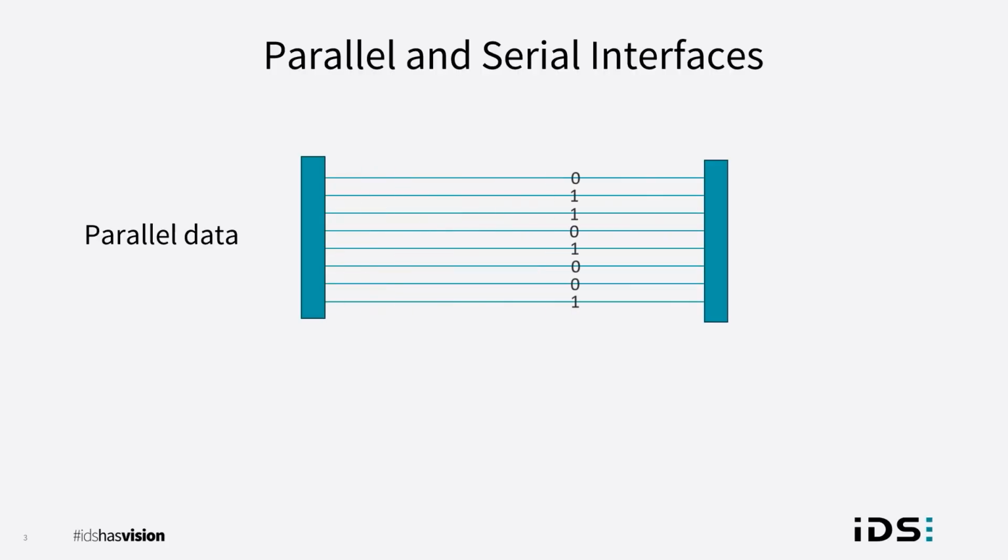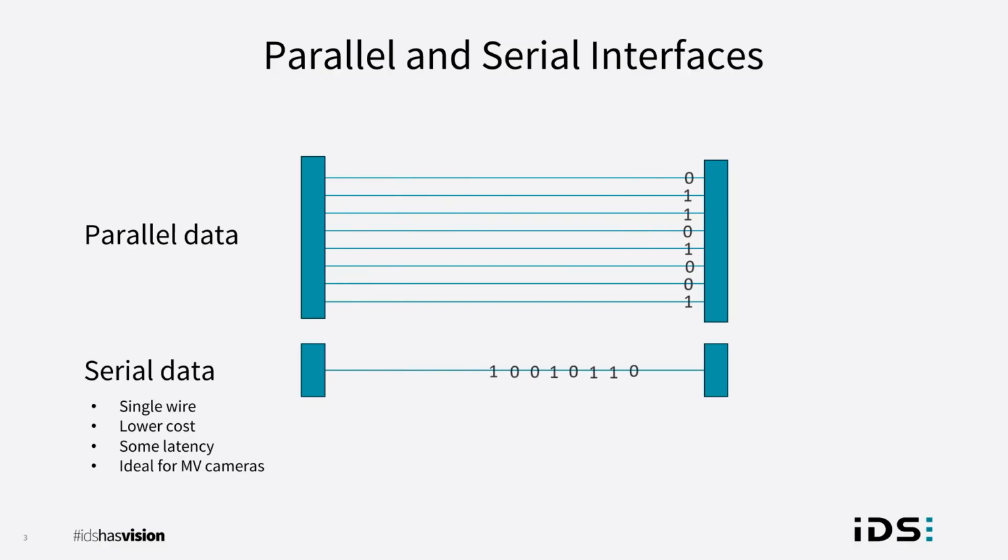There are a few general concepts to consider when talking about communication protocols. Firstly, the interfaces I'm talking about in this video are both serial communications. In simple terms, this means that rather than having separate wires for each bit of data, known as parallel communication, we have a single wire and transmit each bit one after the other.